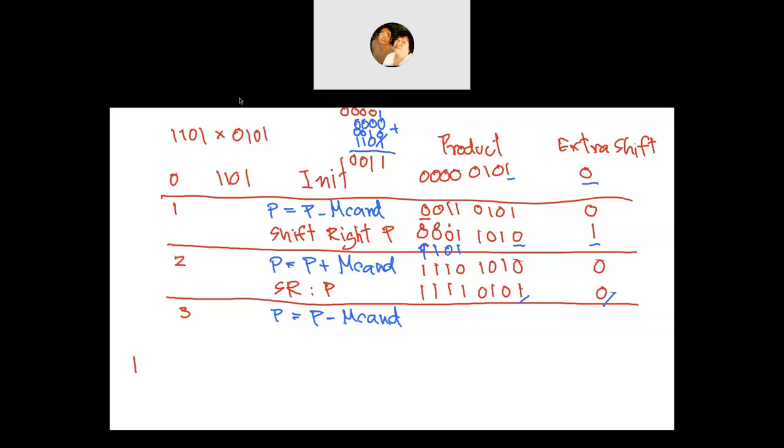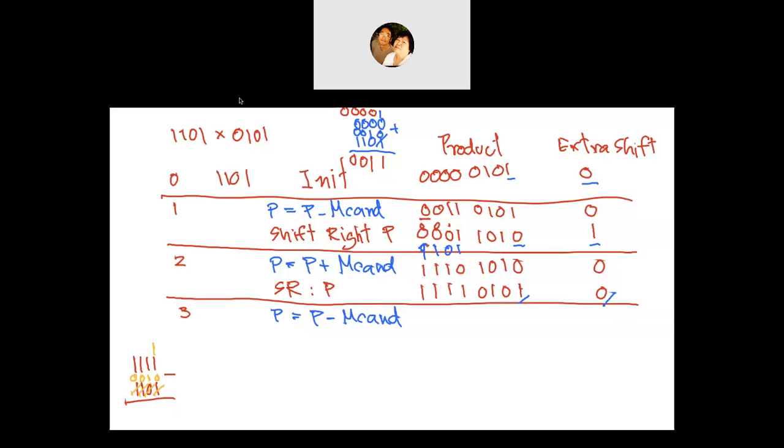The product itself is like this, 1, 1, 1, 1, and the multiplicand is 1, 1, 0, 1. We have to subtract the product with the multiplicand. It's the same as before. I change this to 0, change this one to 1, 0, and this one to 0. And the carry should be 1.